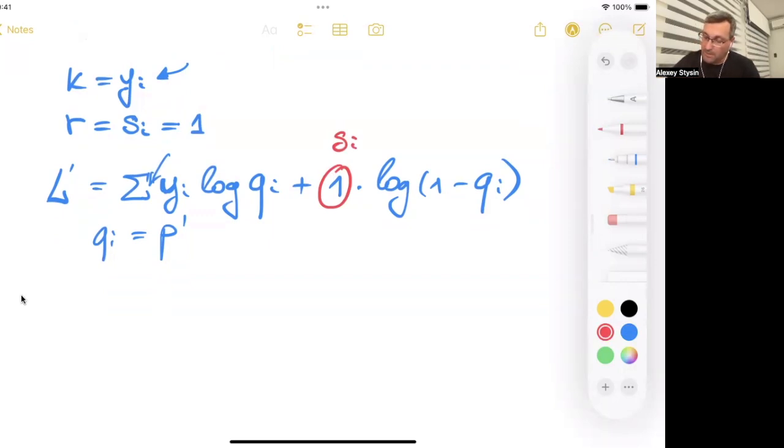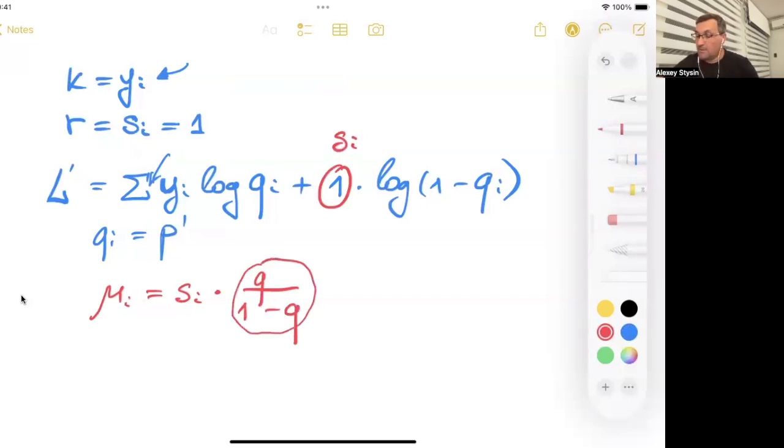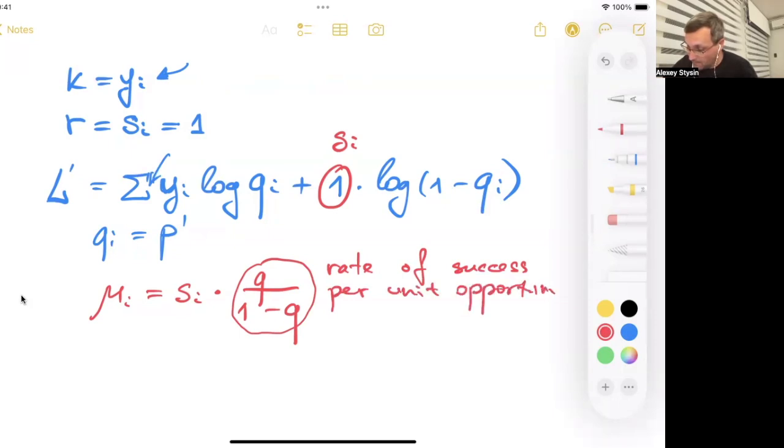And interestingly, we would have that now the expected number of successes is going to be proportional to the number of impressions, number of opportunities, times Q over 1 minus Q, where this thing is going to model the rate of success per unit opportunity. And alternatively, this is also called exposure.